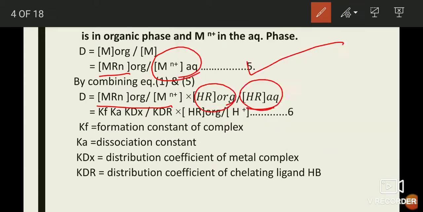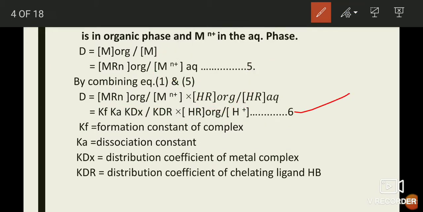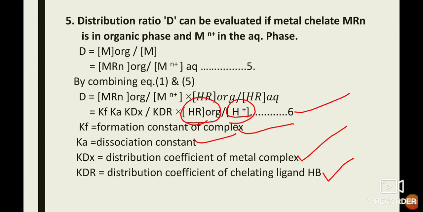And this equation gives equation number 6: Kf times Kdx divided by Kdr times the term HR organic divided by H plus. That means the formation constant of complex times the distribution coefficient of metal chelate, divided by the distribution coefficient of ligand, times the concentration of ligand in organic phase divided by the concentration of H plus ions.